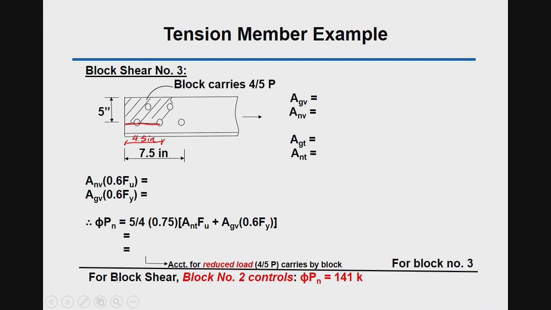All right. So the gross shear area equals 4.5 inches times the thickness 0.5 inches equals 2.25 square inches, and the net shear area is 2.25 square inches minus, so there are 1.5 holes along the path, so subtracted by 1.5, times 1 inch and 0.5 inch in thickness.